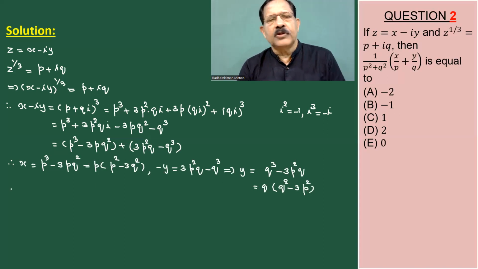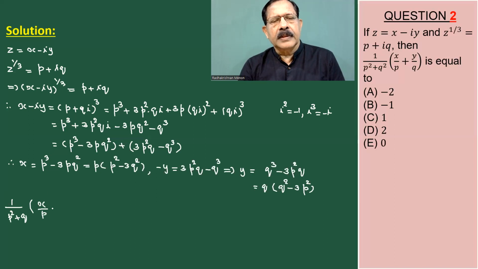So we are substituting for x and y in the given expression. What is the given expression? 1 by (p squared plus q squared) into (x by p plus y by q).